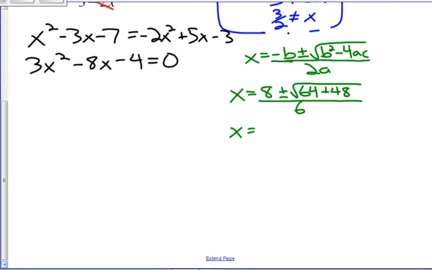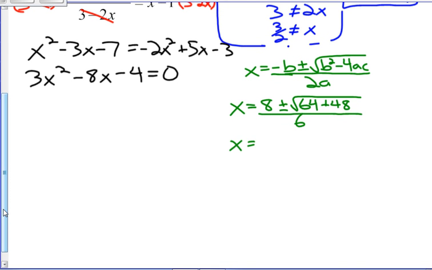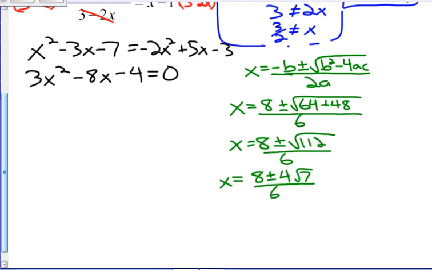We can go through and solve this exactly. So that's root 112. You can simplify this. Root 112 is 4 root 7. And you can take a trip down memory lane to simplifying radicals. Or you can just take my word for it for now.